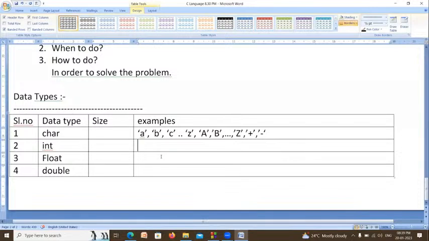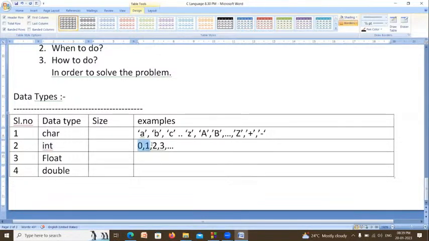Now there are some numbers on the keyboard: 0, 1, 2, 3 and so on. These numbers are called integers in C language.